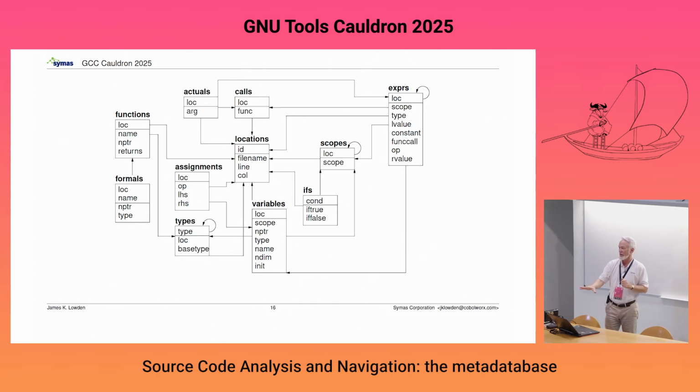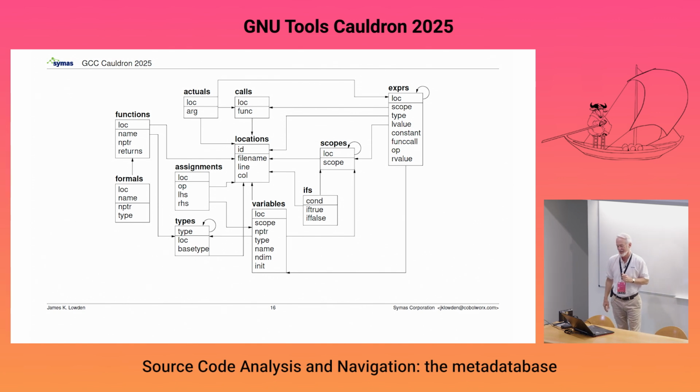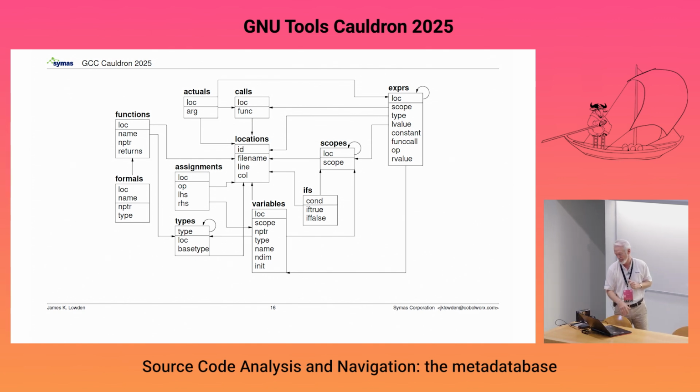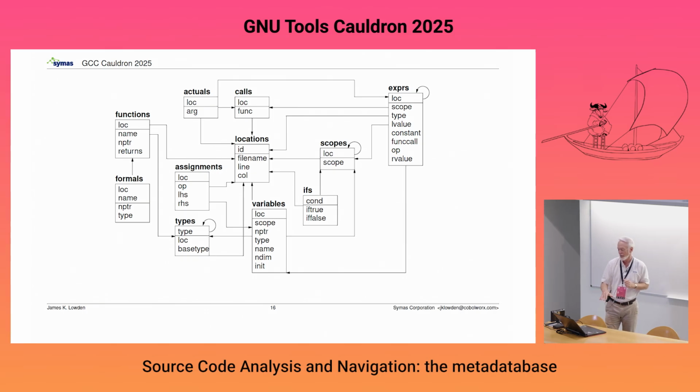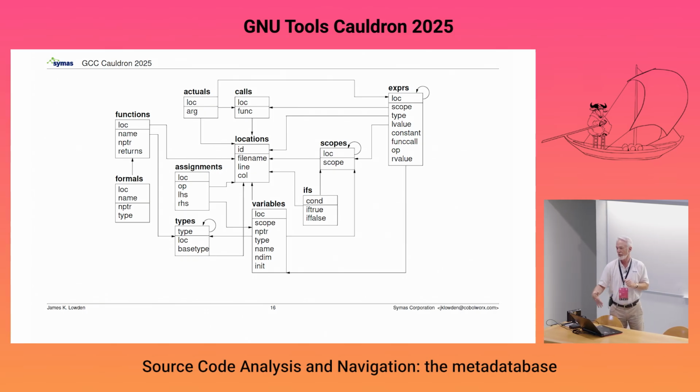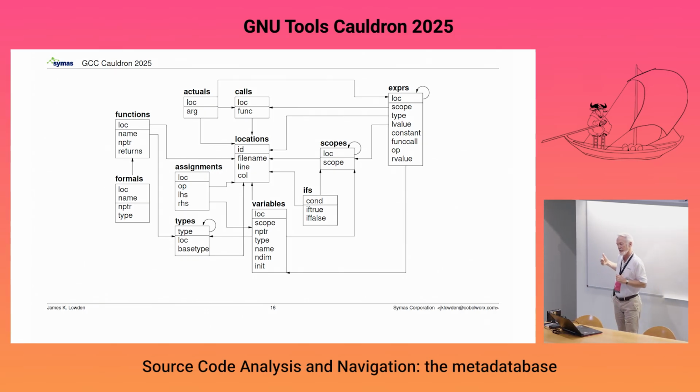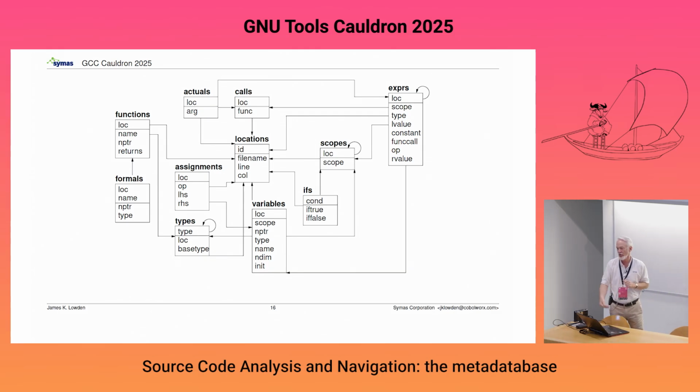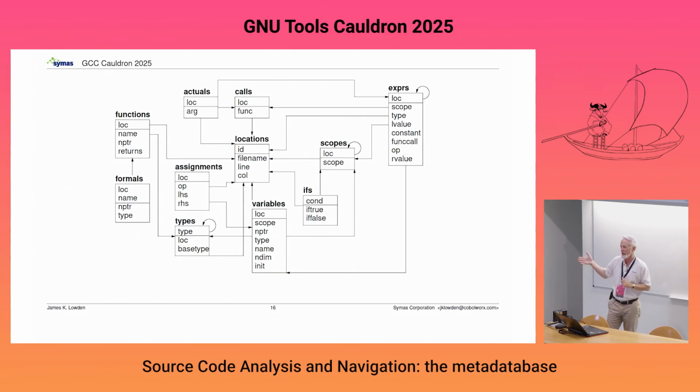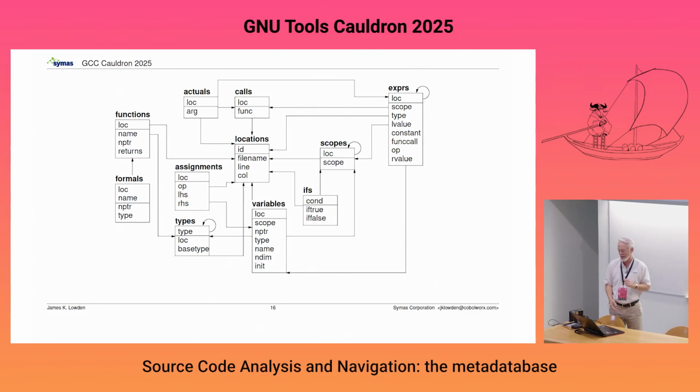I populated a database like this, not using GCC, sadly, but a database with this design, which I'm going to show you in a moment, to reproduce the queries from the example in the source code analyzer manual, to show that we can use this technology to do what they did 30 and 40 years ago and what I wish we could do today.